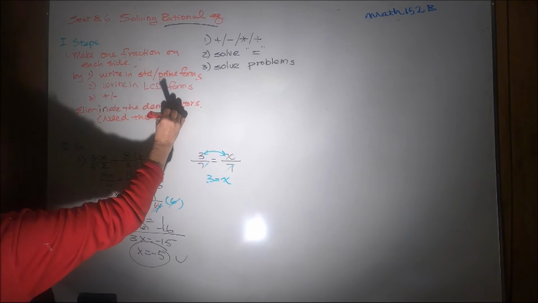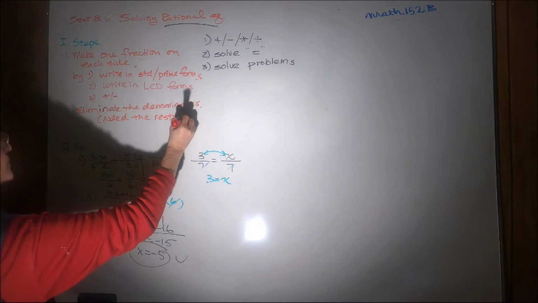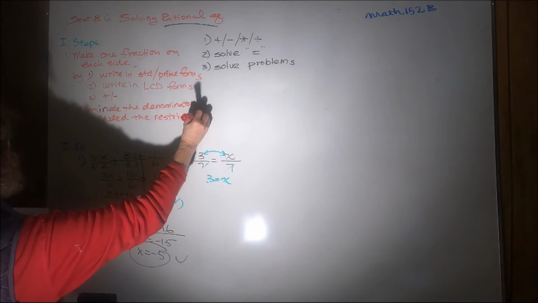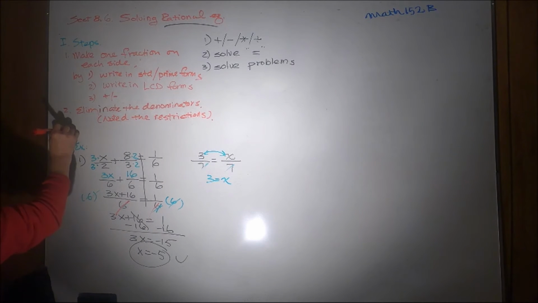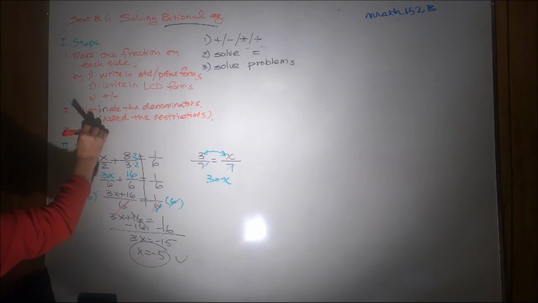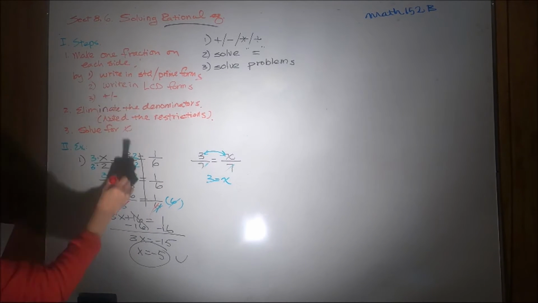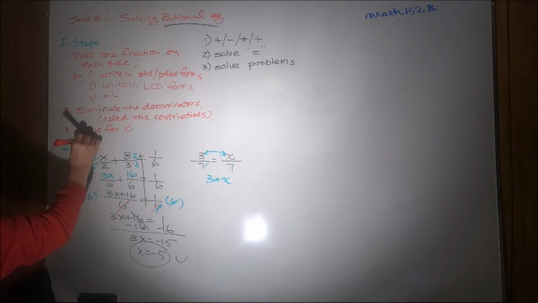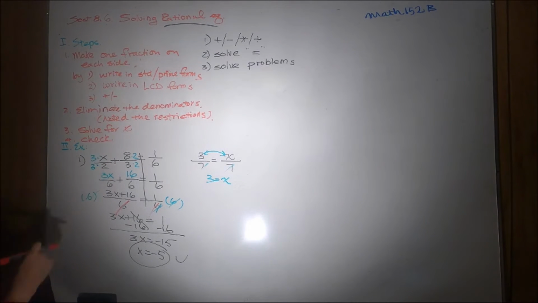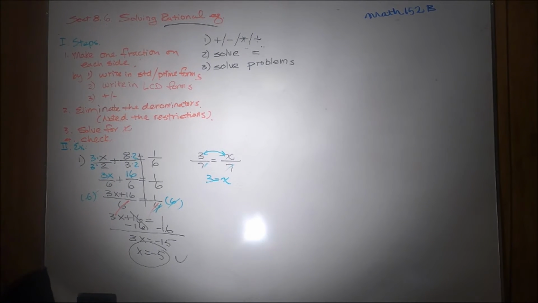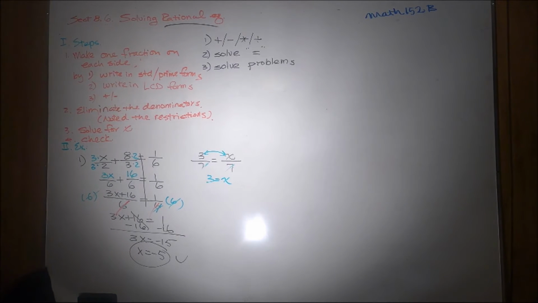Then we'll talk about what those are. Then we solve for x, and then we check. That will be your thinking process. There are many ways, but this will be one of the easiest ways we can do.